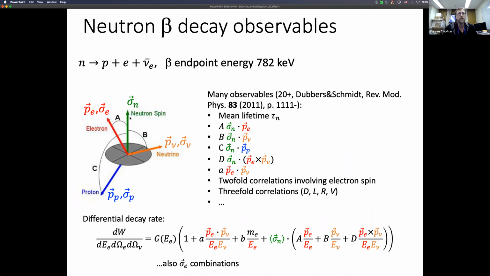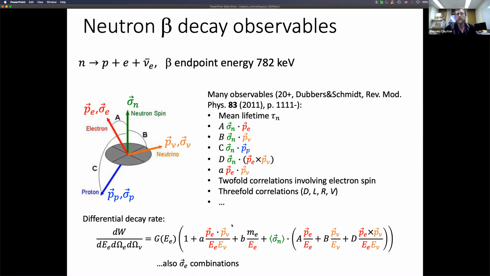You have the neutron spin direction, the electron outgoing momentum, and the electron spin, similarly with the neutrino and also the proton. These factors here just parameterize the strength of these correlations, and that goes into the differential decay rate where they would all figure in.